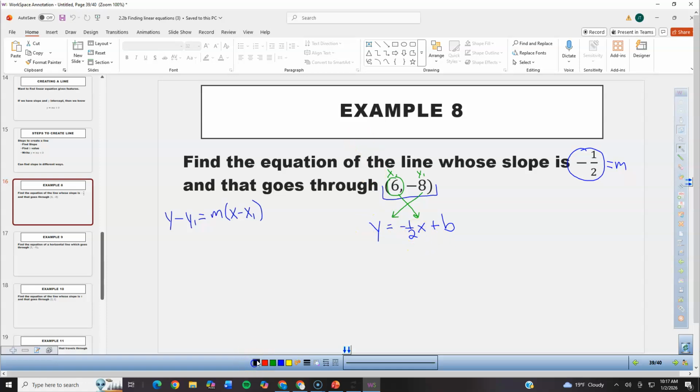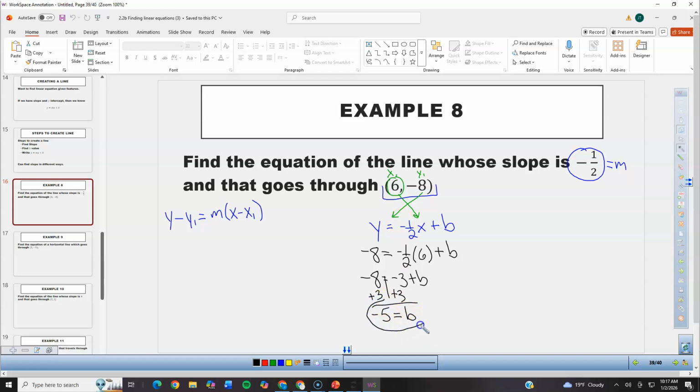So I get 8 equals negative 1/2 times 6 plus b. This way is actually pretty easy. I shouldn't say easy, it's just not very many steps. So I get 8 equals negative 3 plus b. Add the 3 over. Get 11 equals b.